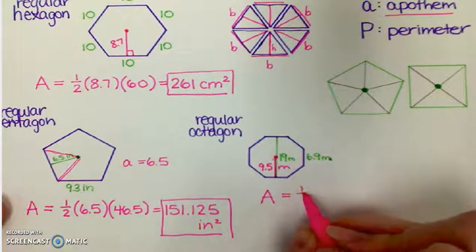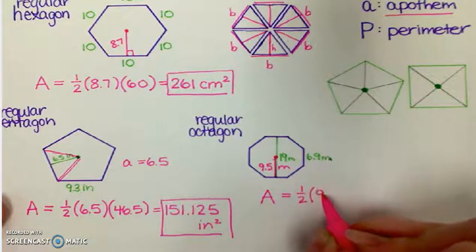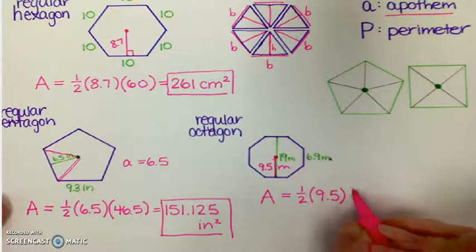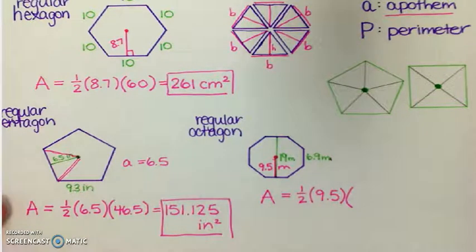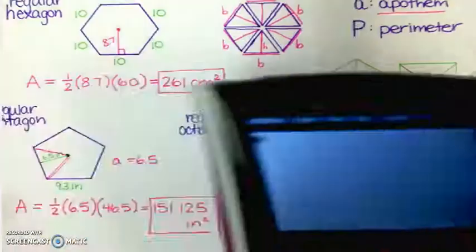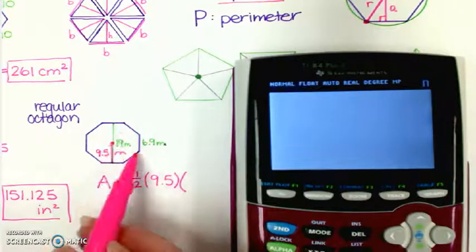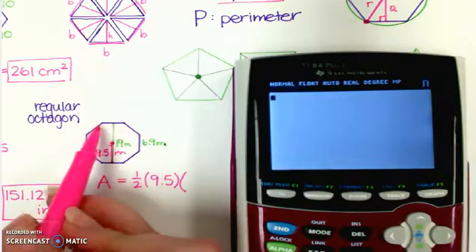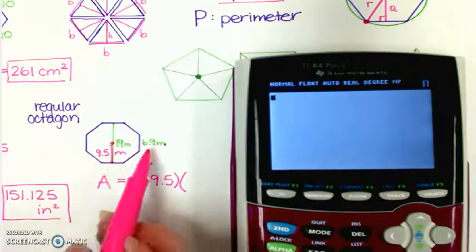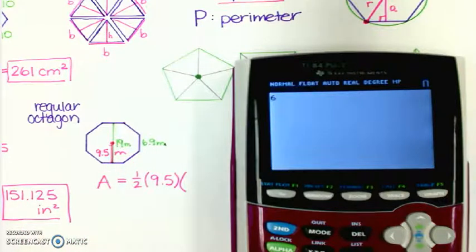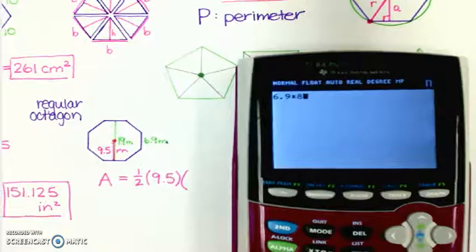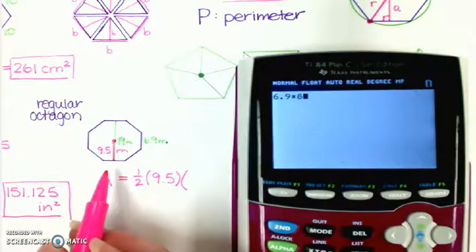So area would be 1/2 apothem times perimeter. And now sometimes I've even seen books that spell this out for you. If you're going to add 6.9, 6.9, 6.9, in this case 8 times, I've actually seen books that break down that P for you just in case you can't add together all the sides, which I think is dumb.